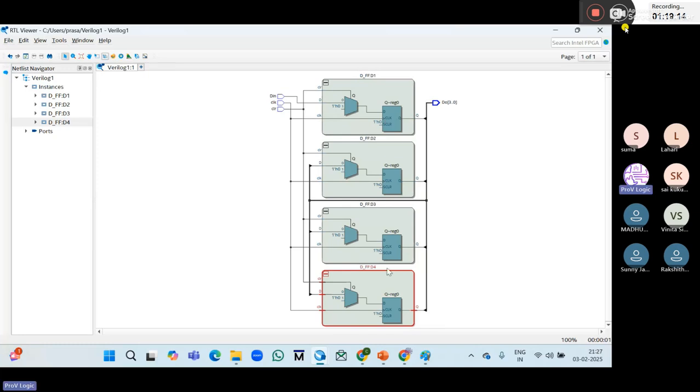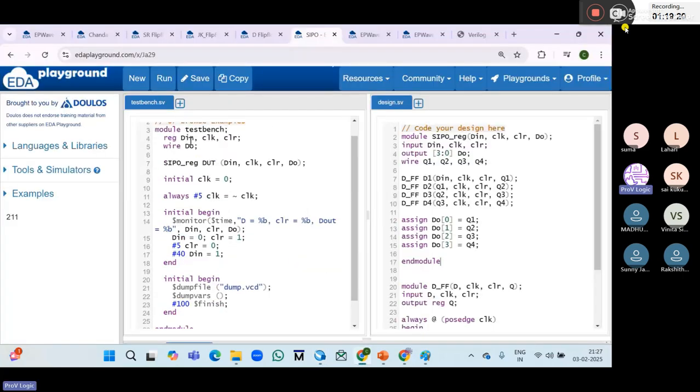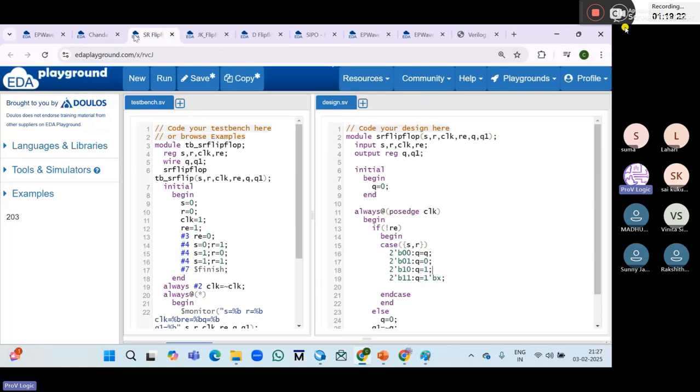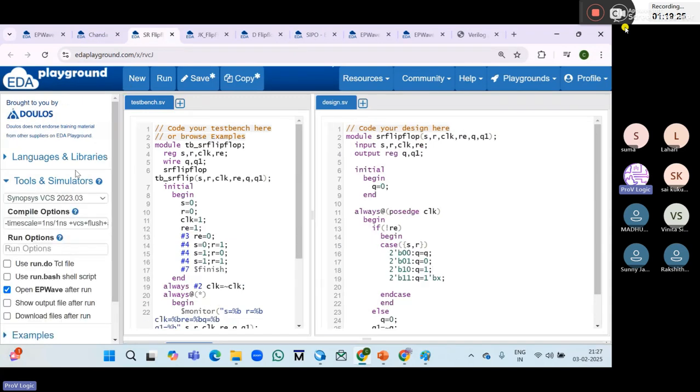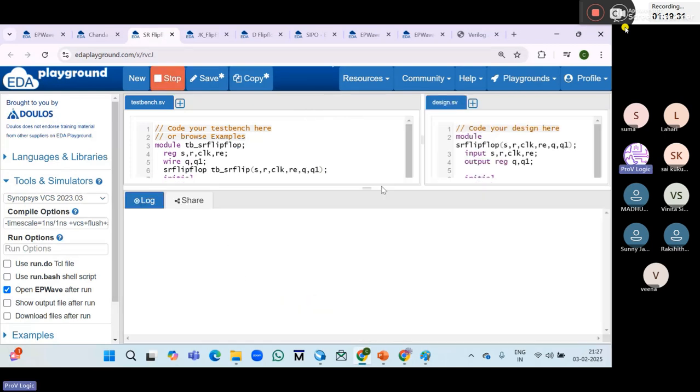This is what we call a shift register. And here is the test bench. We can do the simulation later. First, we will complete the flip-flops. Clear, everyone, till here?